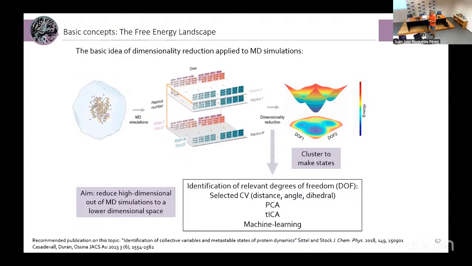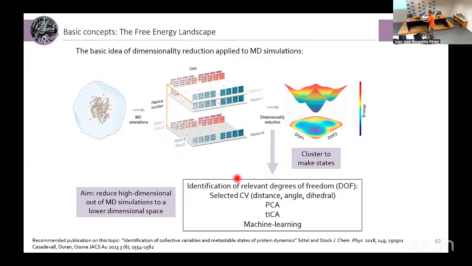But maybe I'm interested in analyzing a particular motion of one domain with respect to another, or when studying protein aggregation. Then I need to define a collective variable that describes this movement, and then I can plot this.